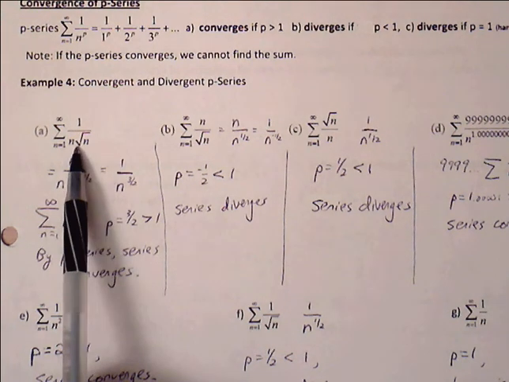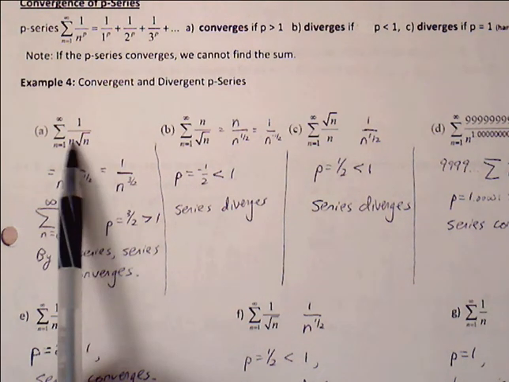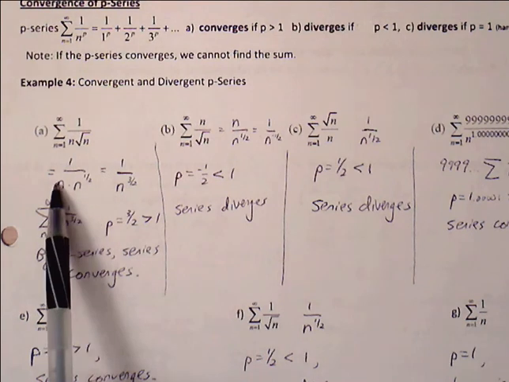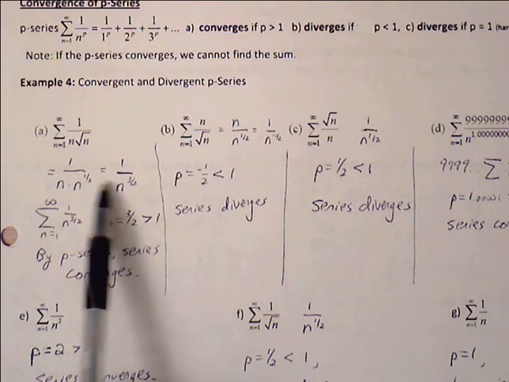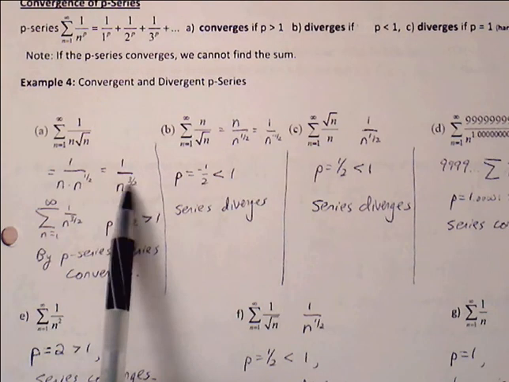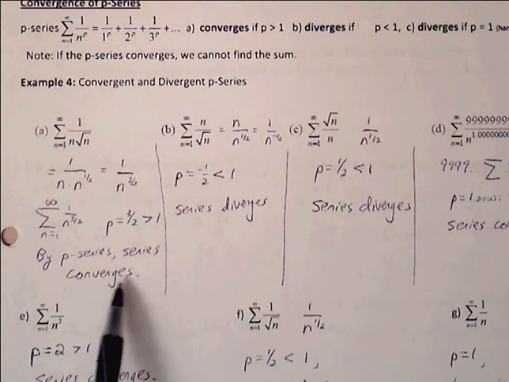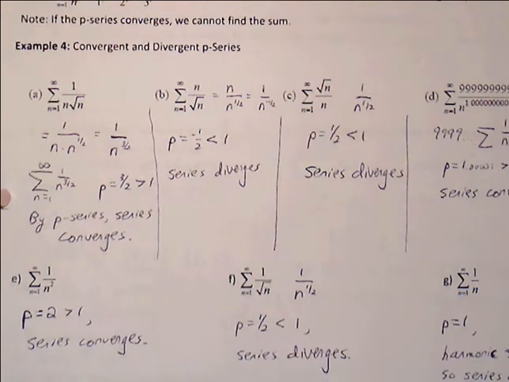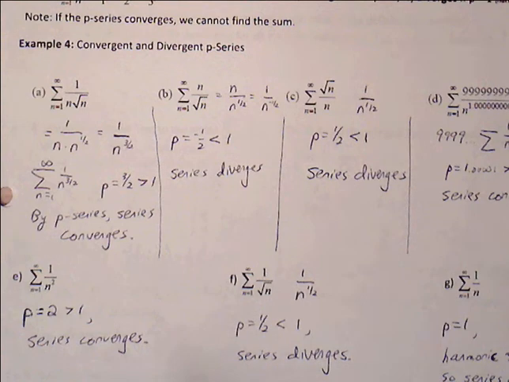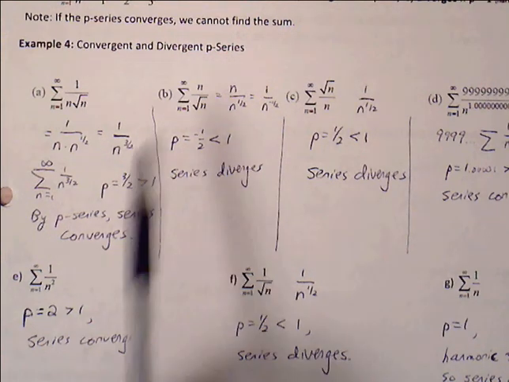But we can turn this into a p-series by combining these n's together. This is n times n to the 1/2. We add exponents to get n to the 3/2, and this is in the form where n is in the denominator and the p-value is that constant 3/2, which is greater than 1. Therefore, by the p-series test, this series will converge.